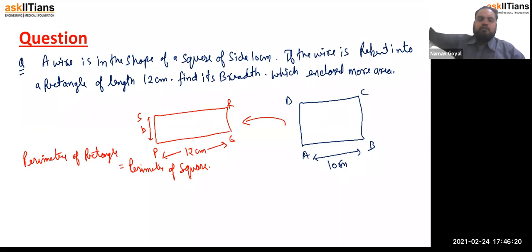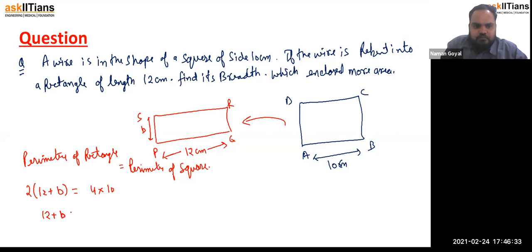So perimeter of rectangle is 2 multiplied by (12 plus B), and this is 4 into 10. So from this equation we get 12 plus B is equal to 40 upon 2, right? 40 upon 2, not 20. Are you getting my point?